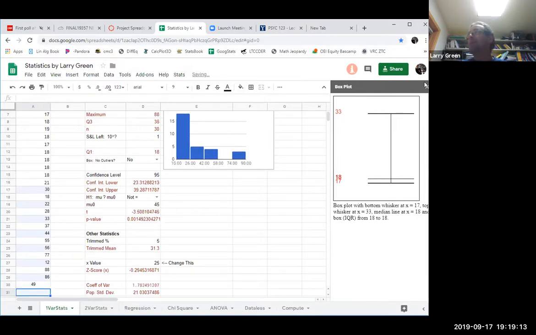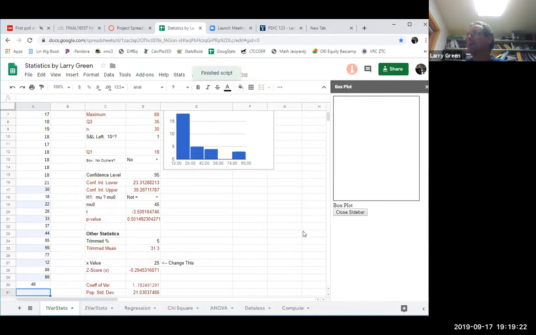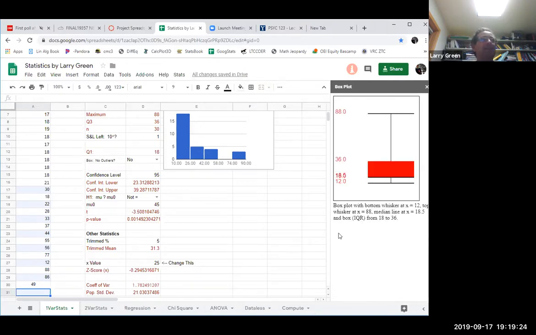Okay, so now let's redo the box plot with this new data that we've got. Okay, I'm just pretending we have more data. And that looks like a box plot. Okay. Our problem was almost all the numbers are the same, so it wasn't very interesting.